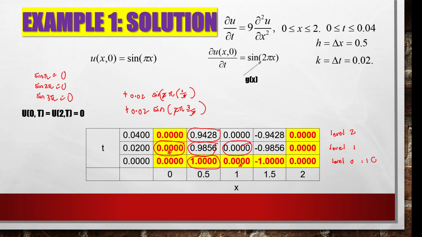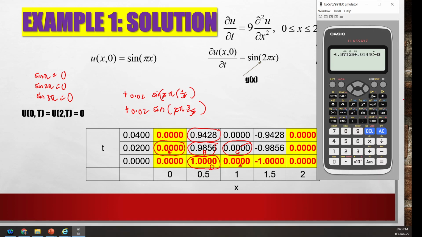So this is A, this is B, this is C, this is D. Calculate. A0, if the value is correct, you just press down. B 0.9856, C0, D is 1. So you get 0.9428. Is it okay? The first value U12.